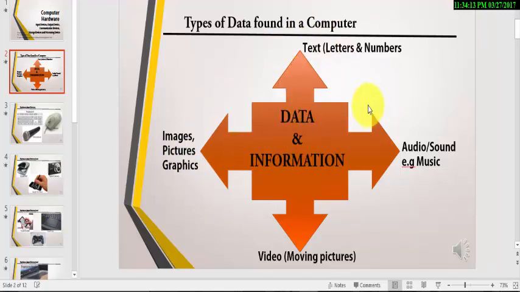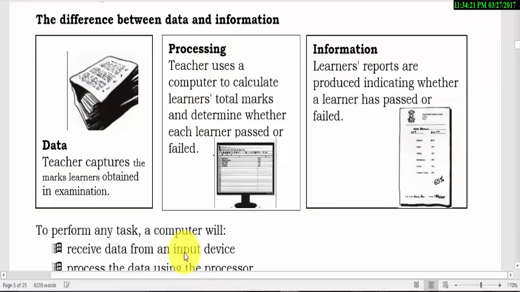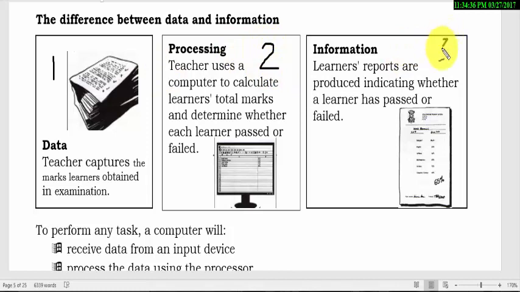Now we are going to understand the difference between data and information. We look at the diagrams given here, which illustrate a very good example. We have diagram 1, diagram 2, and diagram 3.